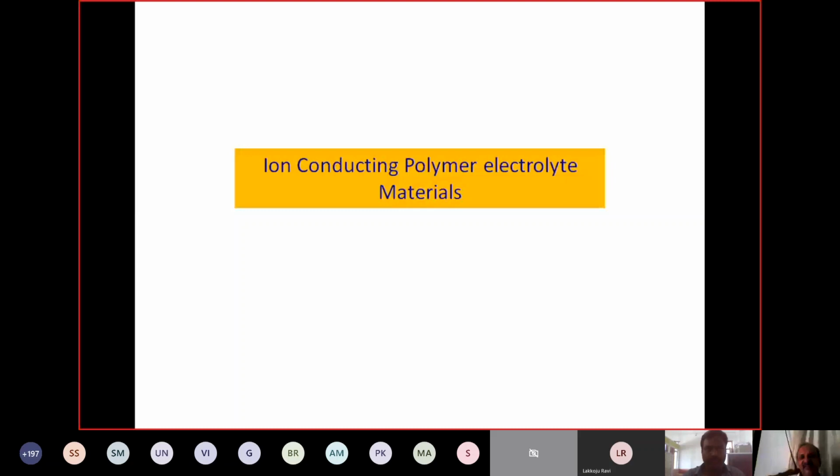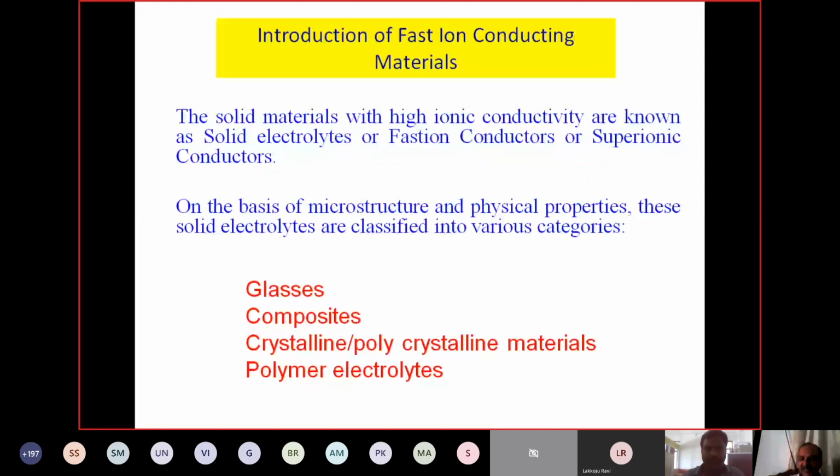Based on the microstructure, they are classified into different groups: glasses like sodium borate, lithium borate, etc., which have high conductivity; composites, where two different materials are combined to give higher conductivity; crystalline and polycrystalline materials; and polymer electrolyte materials. So today we will discuss the polymer electrolyte materials.